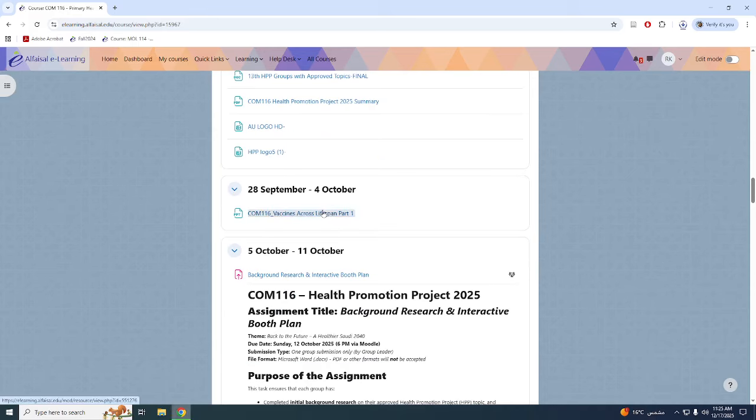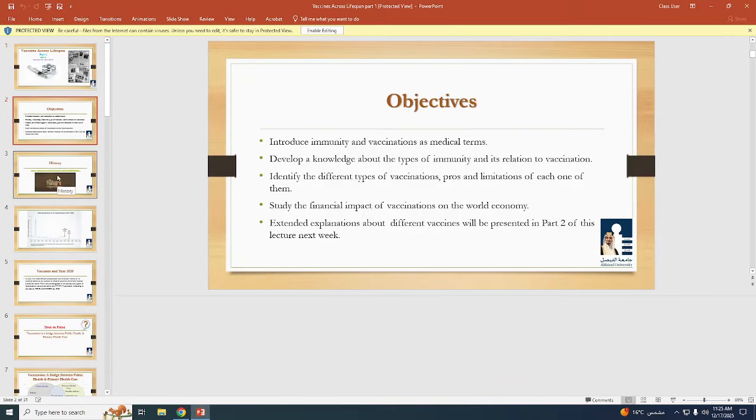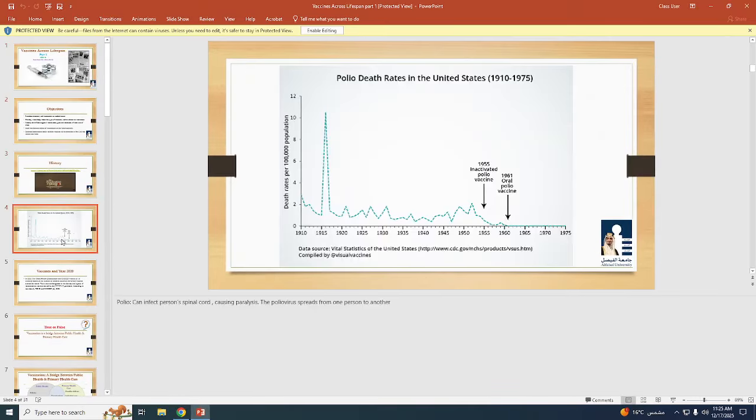We have the vaccines. Let's see the vaccines. Vaccines is all important. Okay, here you just need to know, I don't want you to know exactly that polio is the only one, that there were reduced numbers of children with polio after having the vaccine.